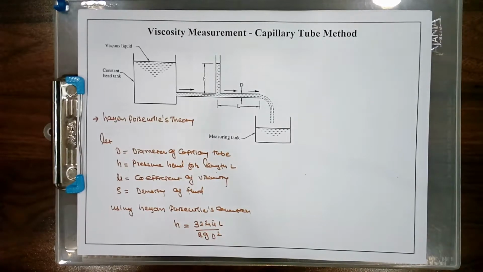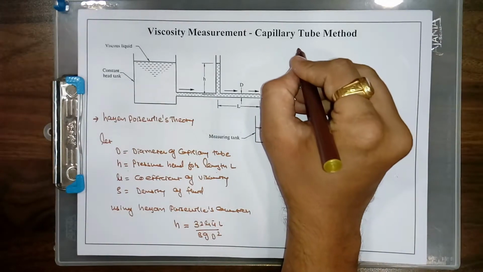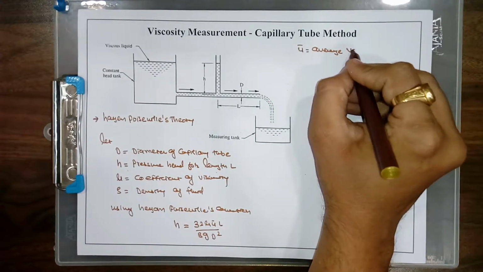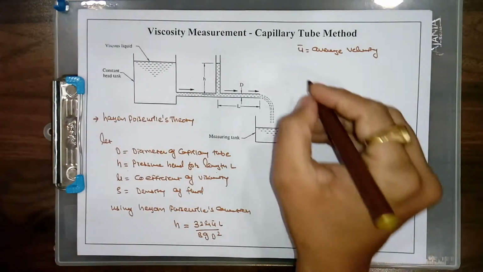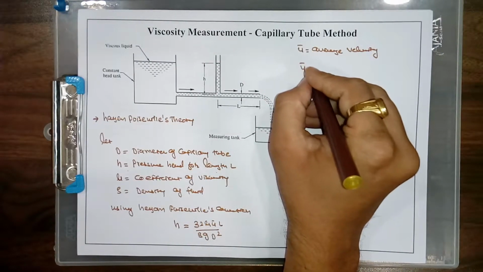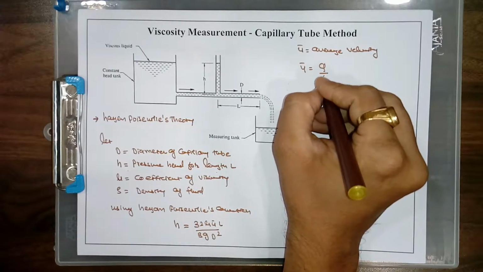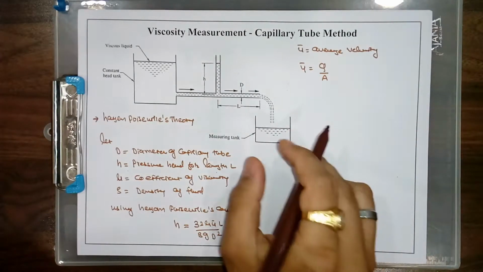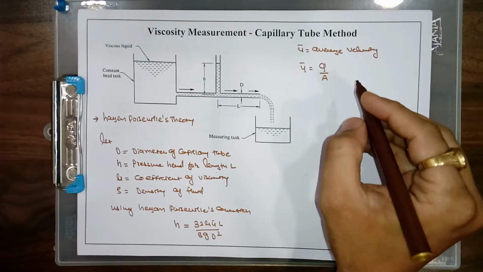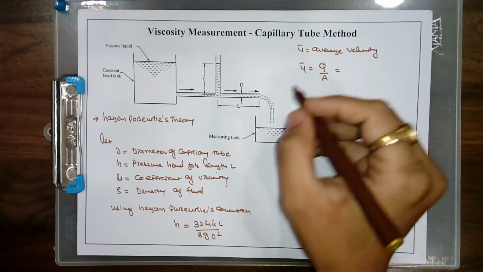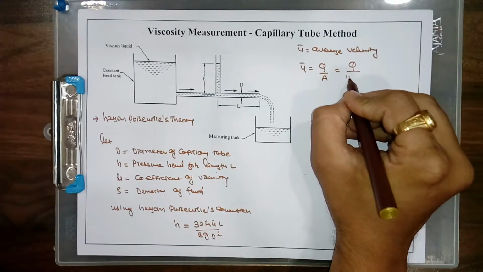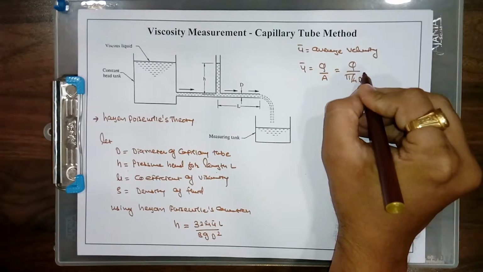Now students, we know that u_avg is the average velocity, and u_avg equals Q divided by area, where Q is the discharge. We measured the discharge using this measuring tank, and the area of this tube is pi by 4 d square, so we get Q divided by pi by 4 d to the power 2.